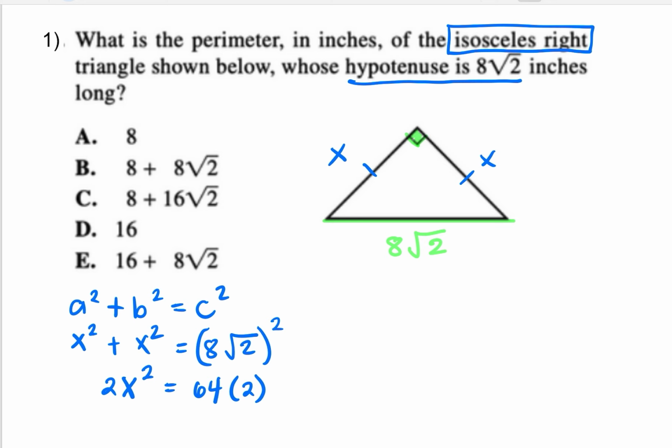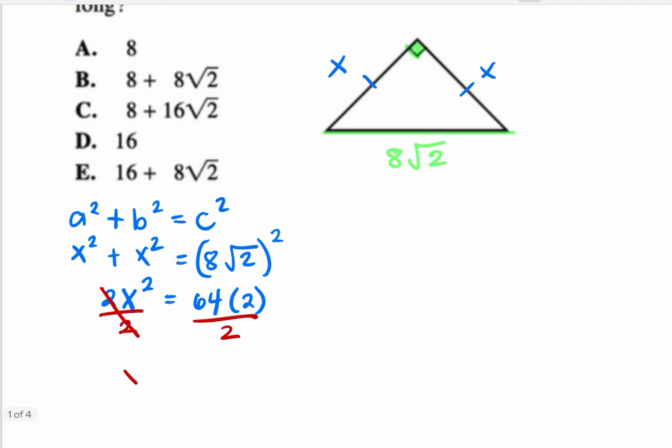At this point, we can divide both sides by 2, which ends up as x squared equals 64. If we extract the square root on both sides, we get x is equal to 8.